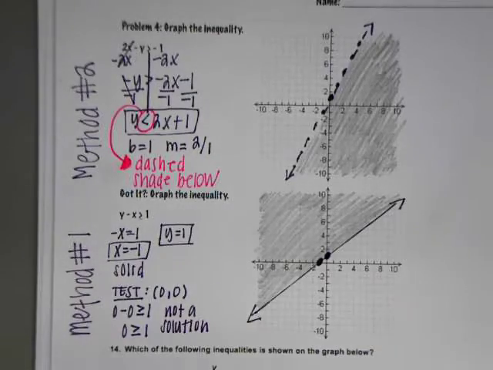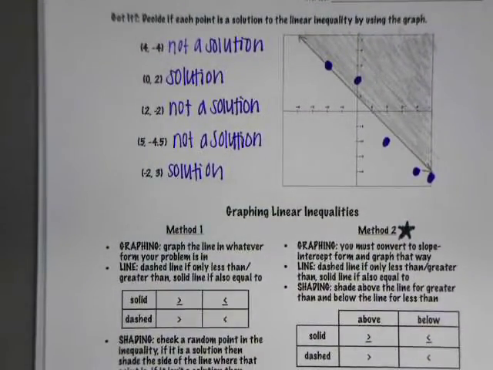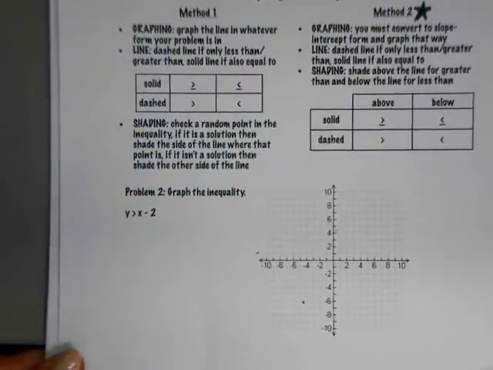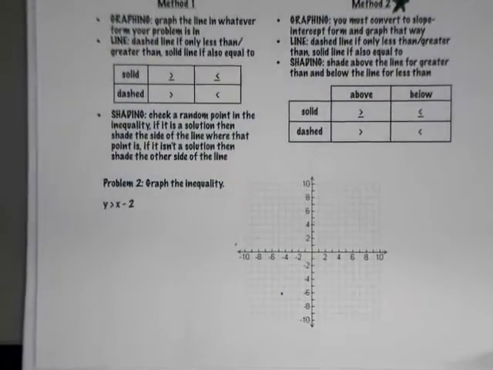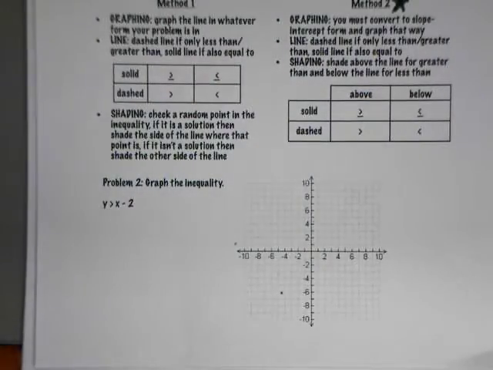So now let's go back to the beginning. Okay, so if we look at this first one, if y is greater than x minus 2, it's already in y equals mx plus b form.